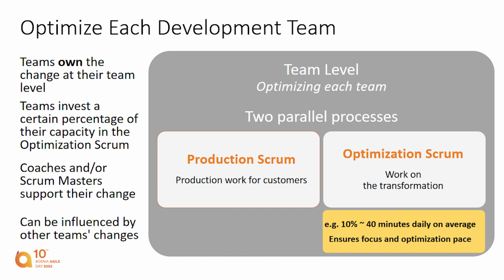And also they can be influenced and they can bring on the changes that they see in their neighboring teams. Such lateral type of distribution of changes in a company is important because if it works out for my neighbor, there is a good chance that it might work for me and I can benefit from some experiments that they run and I don't need to.